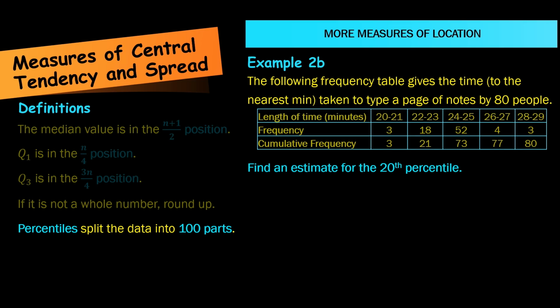And now for part B, we are required to find an estimate for the 20th percentile. So let's solve this. The position of P20 equals 20n over 100, which equals n over 5.